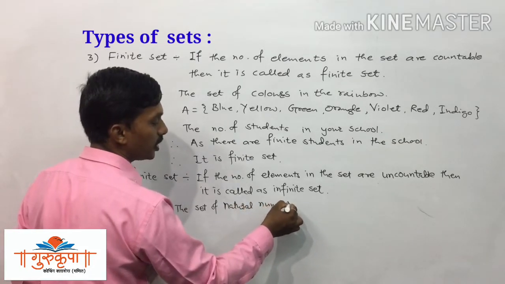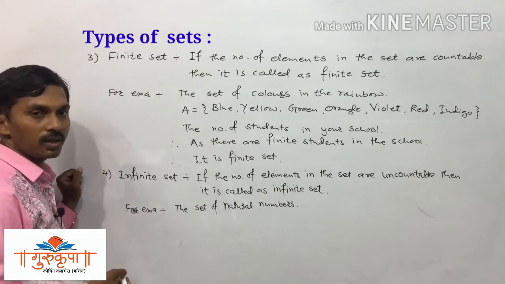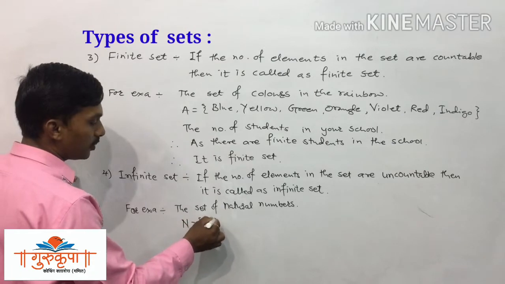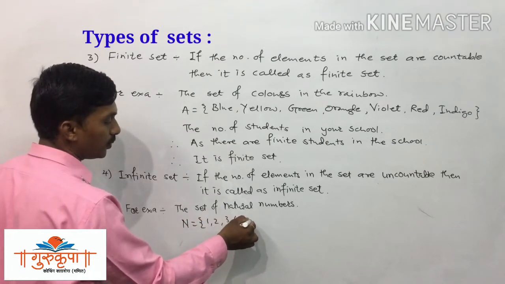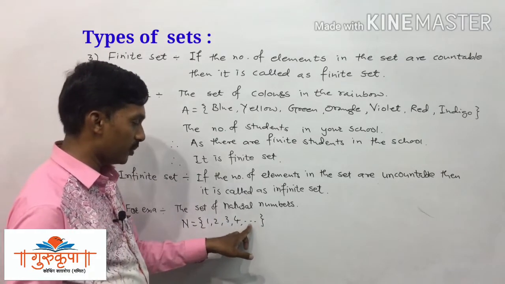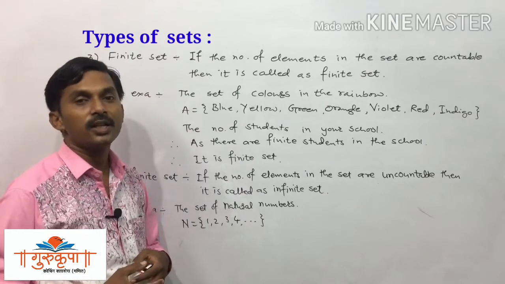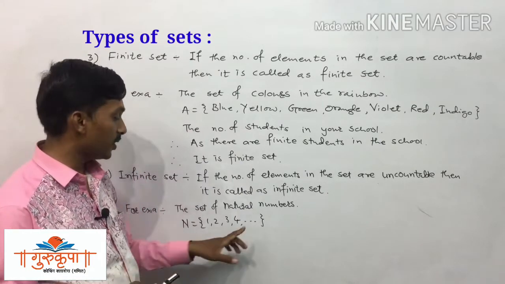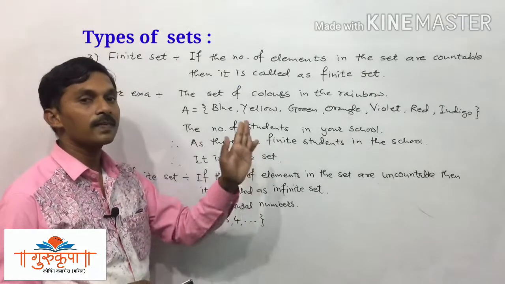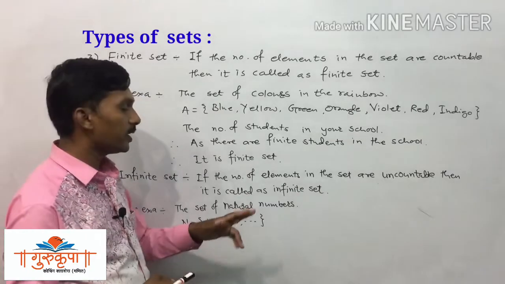As we know that there are infinite natural numbers, you can write the set like this: N is equal to, in curly brackets, 1, 2, 3, 4 and so on. This symbol represents that there are infinite elements. We are unable to write all the elements, so we draw the sign here, it represents that there are infinite number of elements, so it is an infinite set.